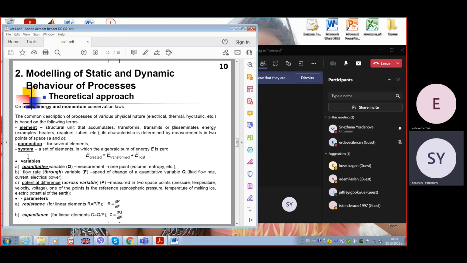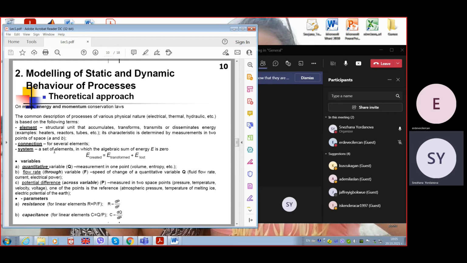We model a system which contains elements. Elements are structural units that accumulate, transform, transmit, or disseminate either energy or material or momentum, motion. The element allows to be determined by measurements in 2 points in space, the beginning and the end of the element. And we have connection of several elements.